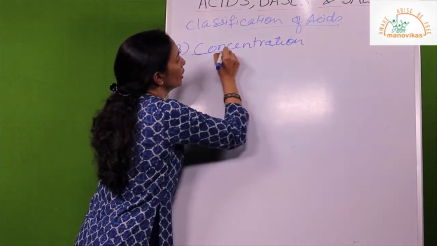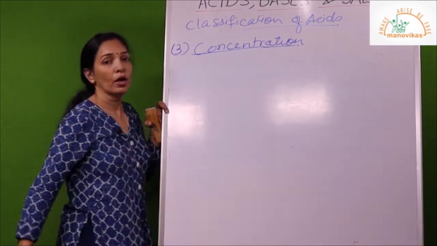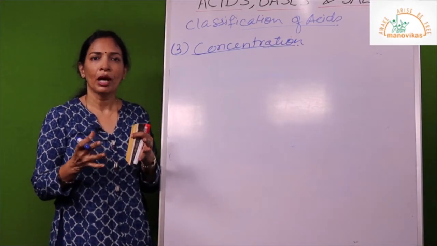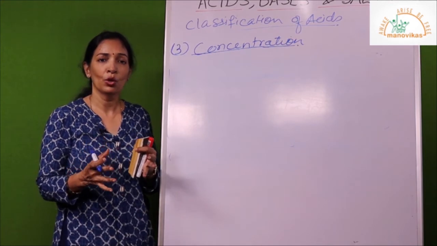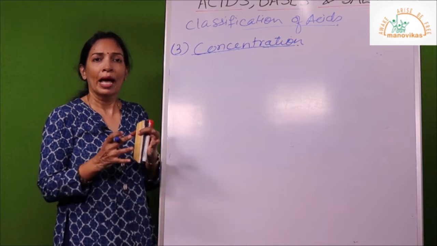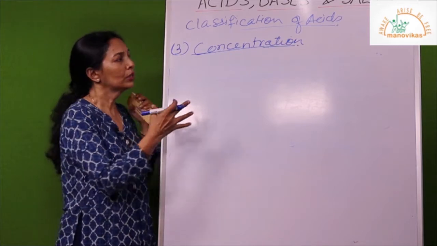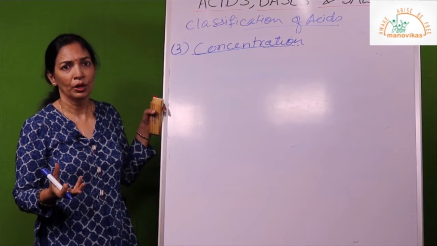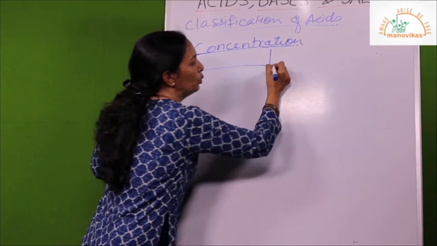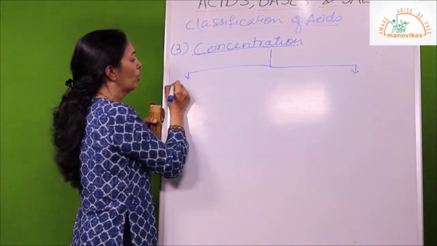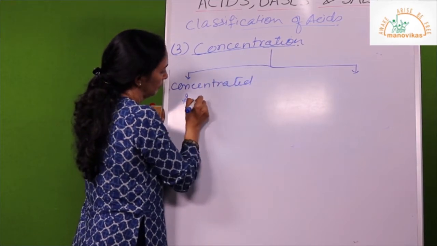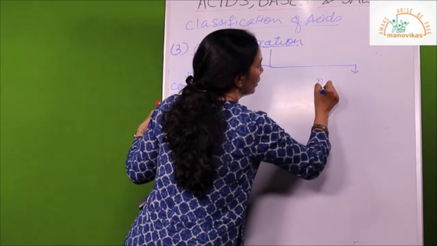Now what is concentration? Concentration means if you look at an acid and measure the amount of water present in it, how much acid is there and how much water is there. The acid and water proportion tells us the concentration of the acid. On this basis, acids can be divided into 2 classes, concentrated acids and dilute acids.